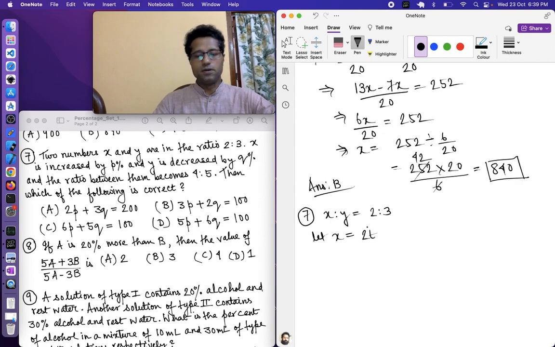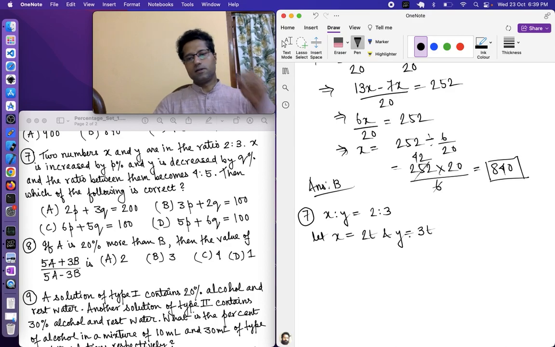Since x and y are already used, here we will assume x to be 2t and y to be 3t. If you have completed the chapter of ratio and proportion in your previous class, then you must be well aware of what I am doing. So I am assuming let x is equal to 2t and y is equal to 3t, where t is some unknown, and this 2t and 3t is based on the ratio of x is to y, that is 2:3.